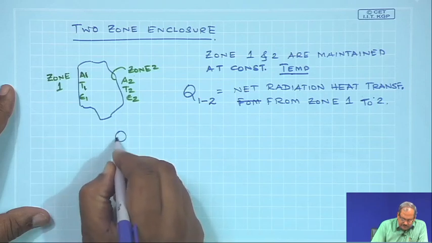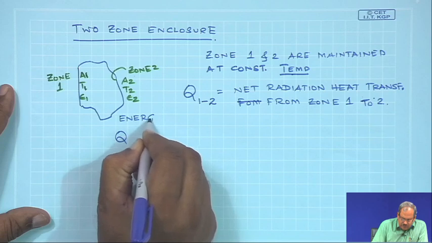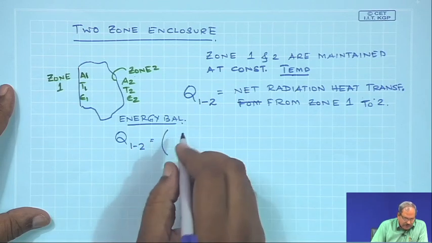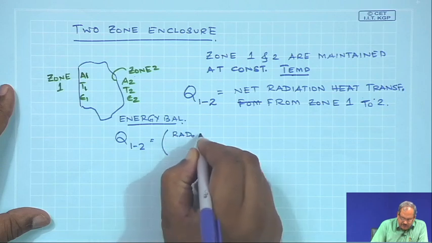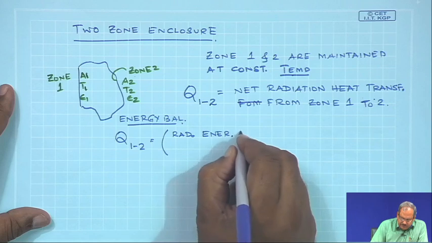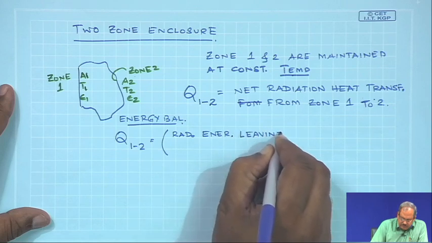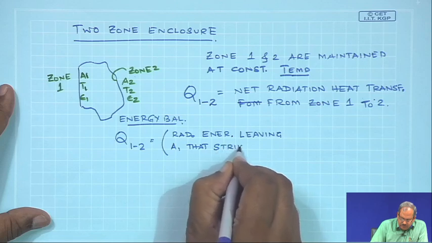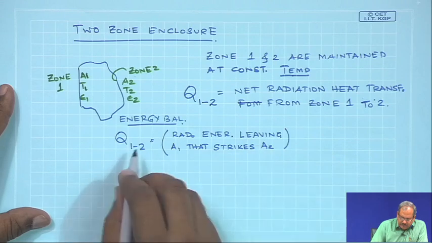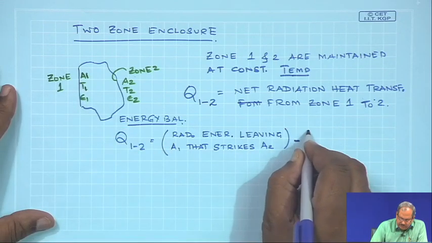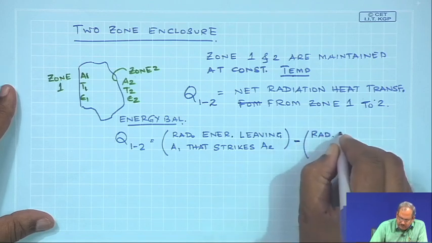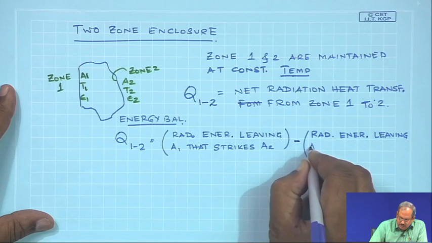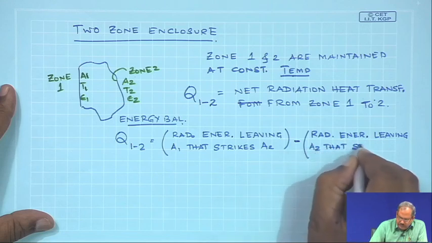So, if I make an energy balance, I can write that Q 1 to 2 is the algebraic sum of radiation energy leaving A 1 that strikes A 2, minus the radiation energy leaving A 2 that strikes A 1.